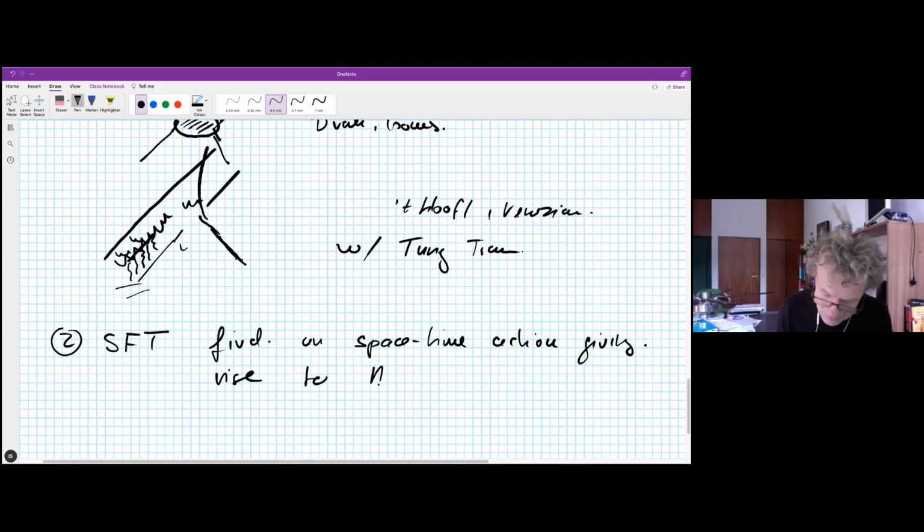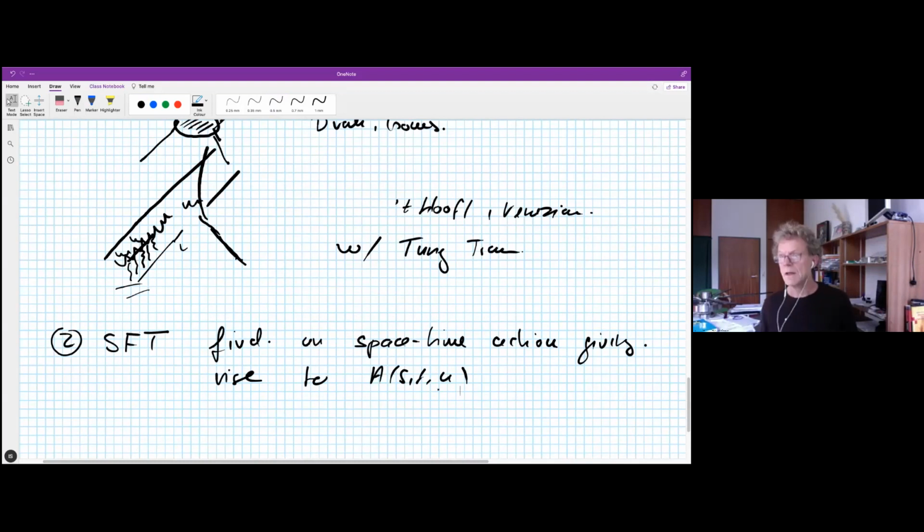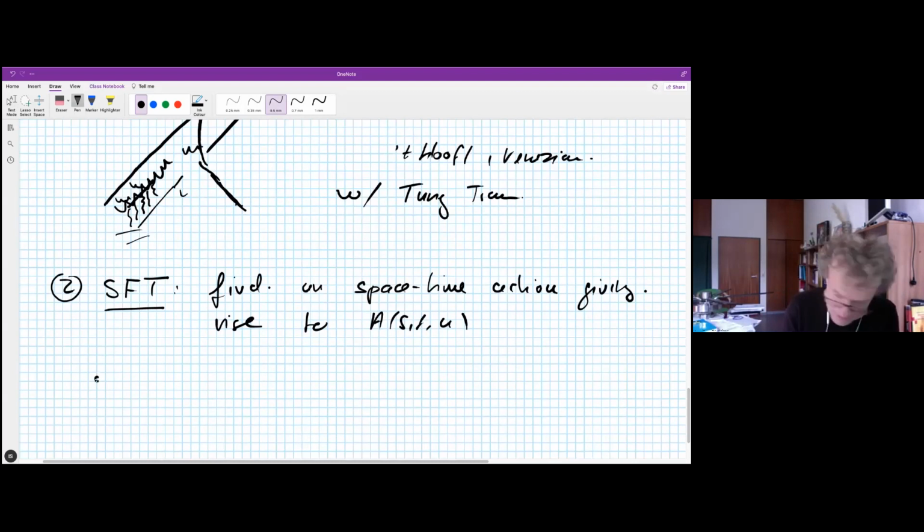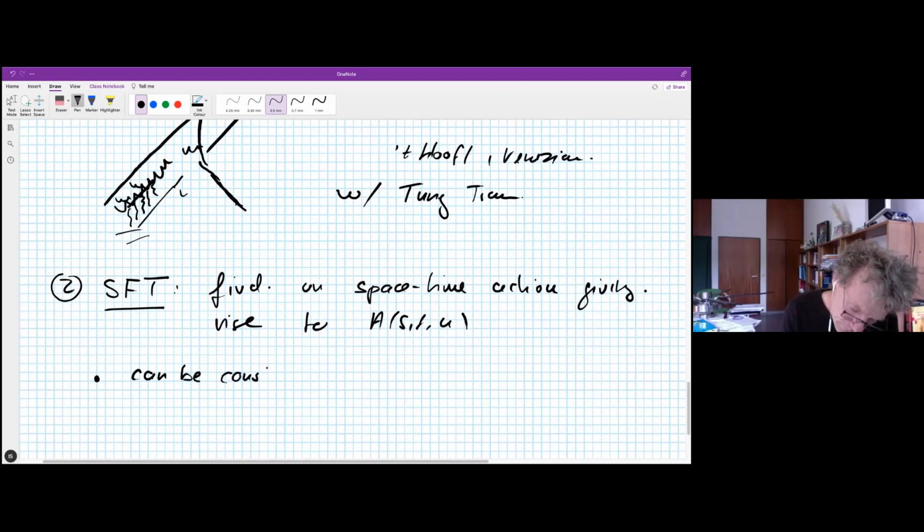All right. So let me perhaps give you first what will be the result. The answer is that it is possible. It can be constructed perturbatively.